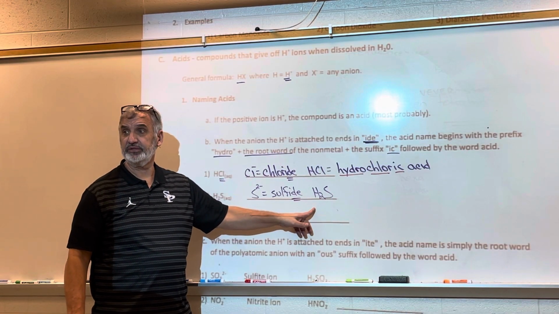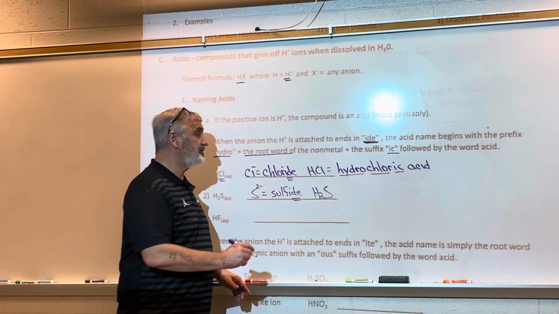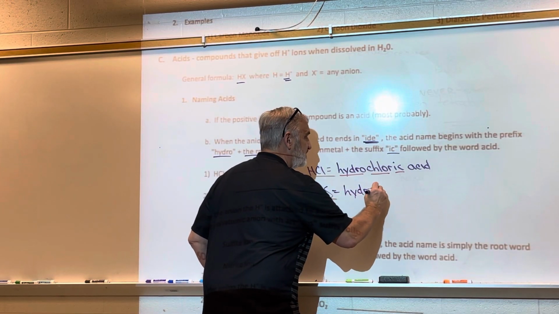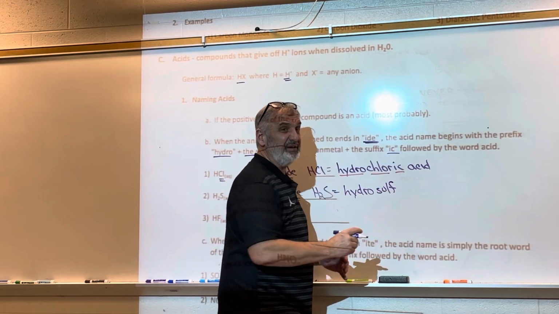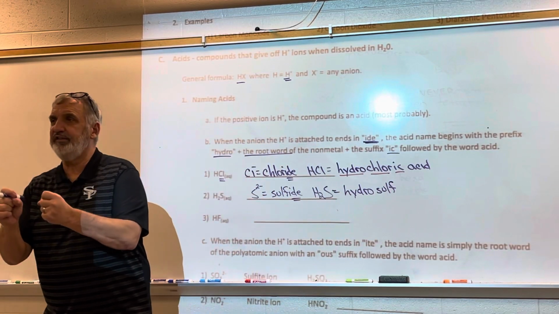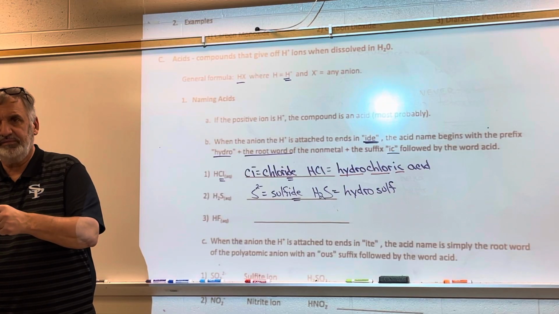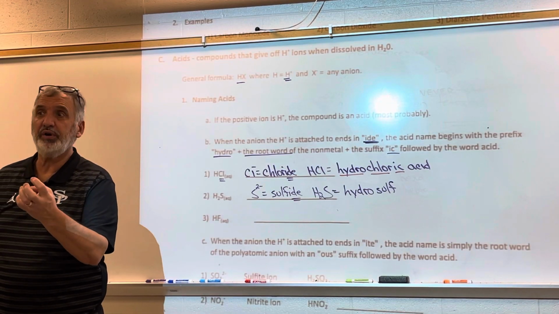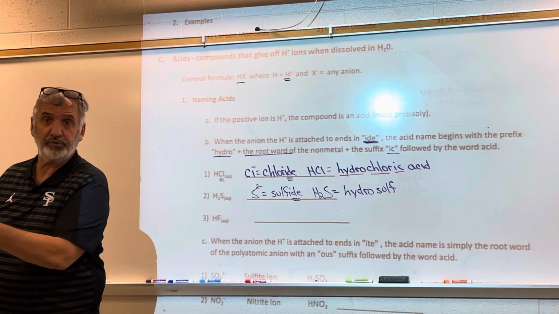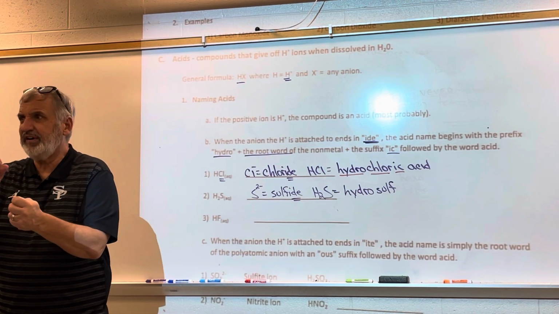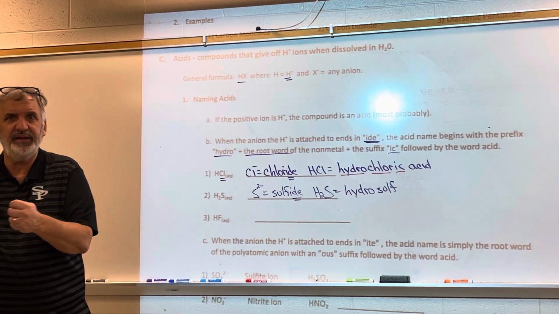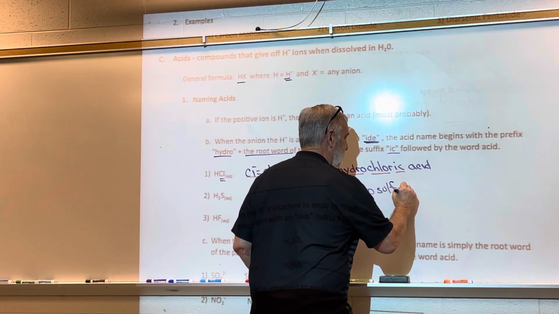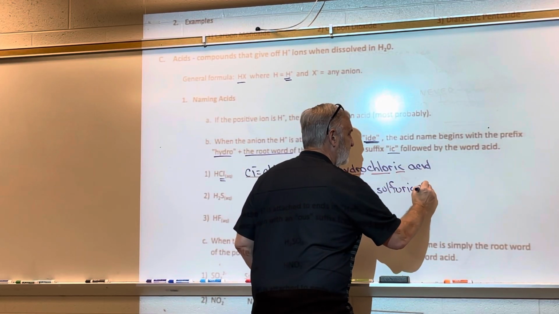Hydrosulfuric acid. Now that is what I would expect you to say. But for some reason, sulfur and phosphorus keep the UR in there. You're just going to get the feel of it. So it's sulfuric. If you wrote hydrosulfuric acid, I would not mark it wrong. But for sulfur and phosphorus, they keep the UR in there just for making it sound better. Somebody decided that a long time ago. So it's sulfuric acid.